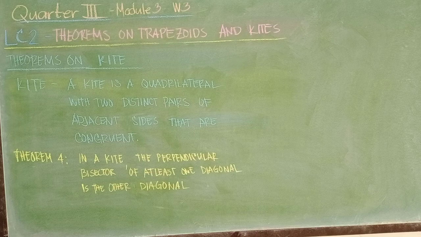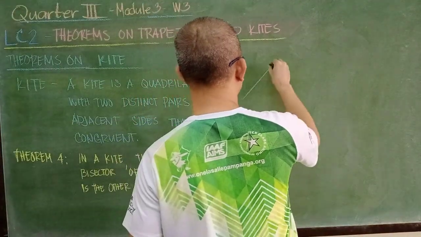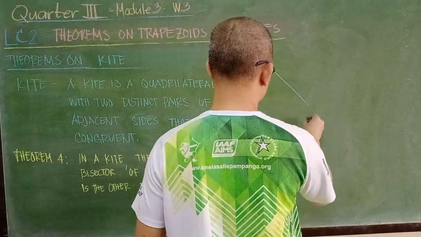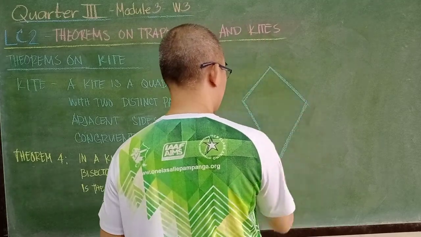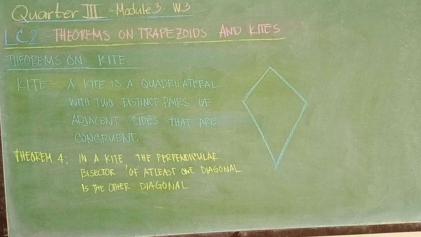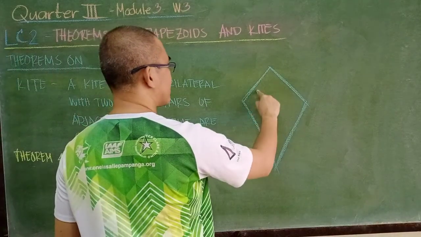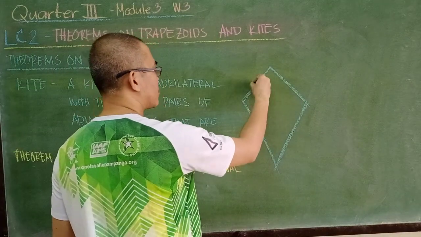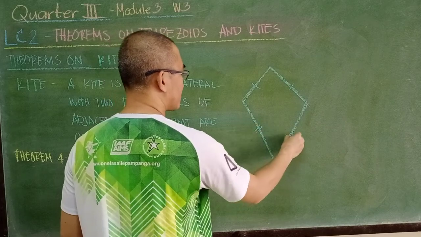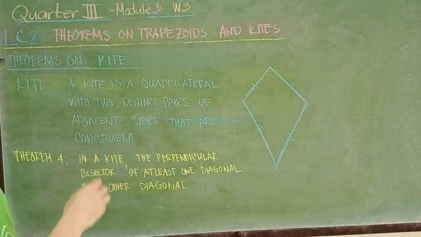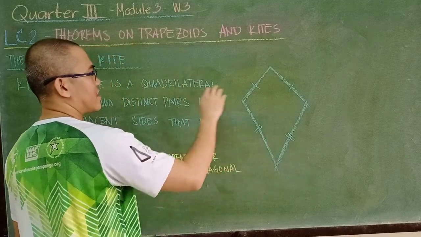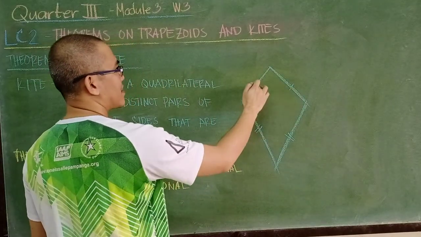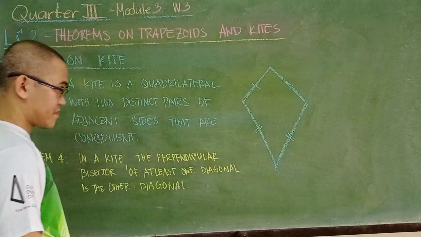So, let's say, that is a kite. Yung sides na magkatabi, o sides na magkasunod, sila yung congruent. Doon sa mga parallelograms, yung magkatapat, sila yung congruent. Dito sa kite, yung magkasunod o yung magkatabi, sila yung adjacent.